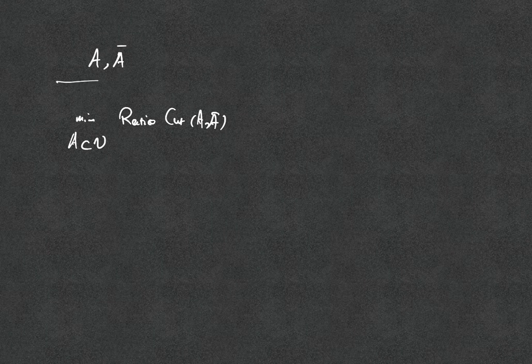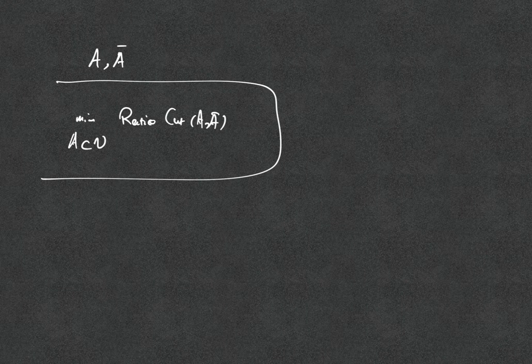Now let's consider a two-cluster approach, meaning we have one set of nodes and the complement of that set of nodes. Let's say we are considering the ratio cut on A and A complement, and we want to choose A from the set of nodes such that this value here is minimized.